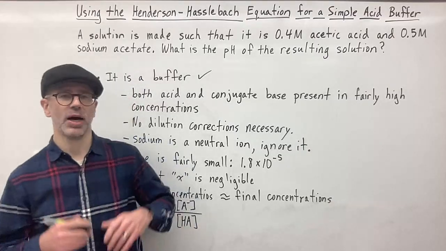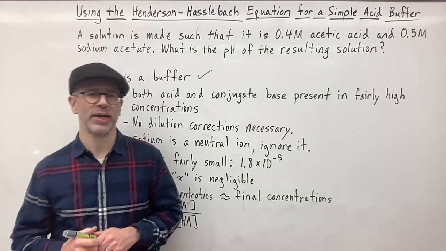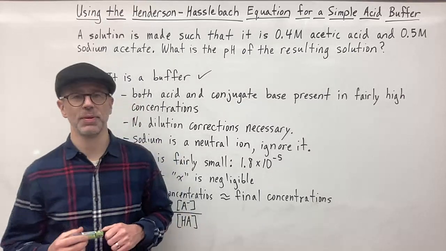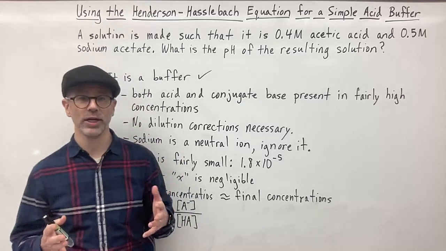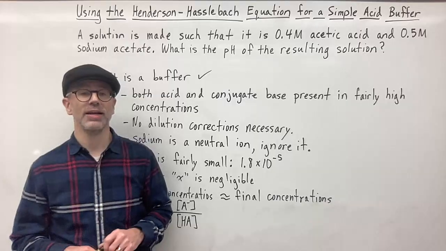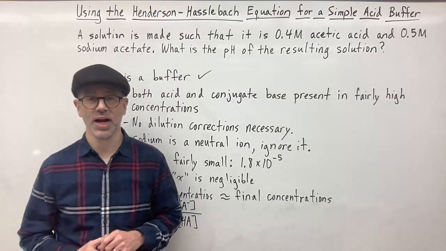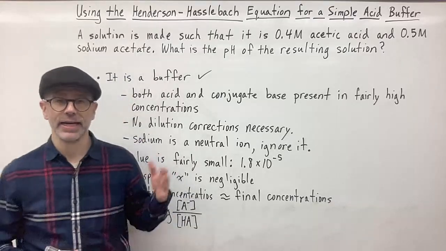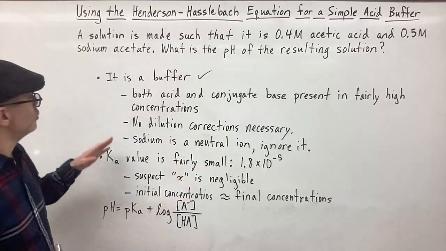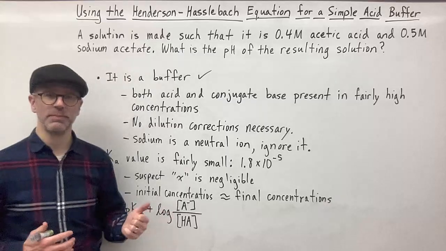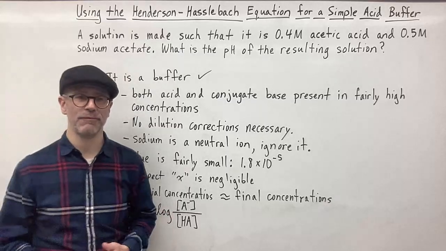When you are given a problem and you're considering using the Henderson-Hasselbalch equation, there are a couple of things you need to verify before you just jump into using it. And here they are on the board. One, double check to make sure it is indeed a buffer system.